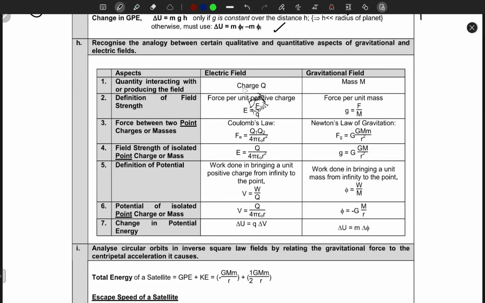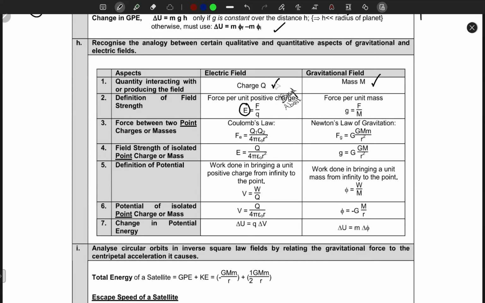In electricity you have a charge, and in gravity the analog of the charge is a mass. In electricity you have a field, the electric field, while in gravity you have the gravitational field.